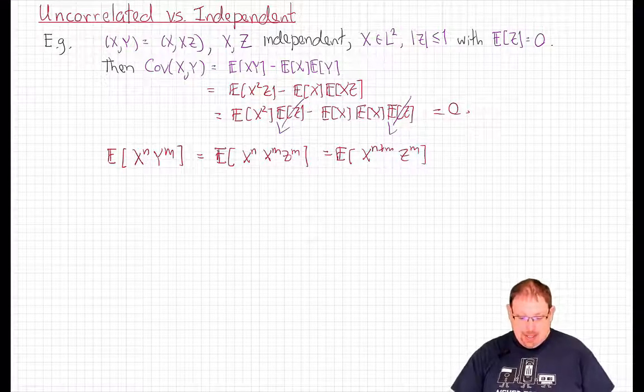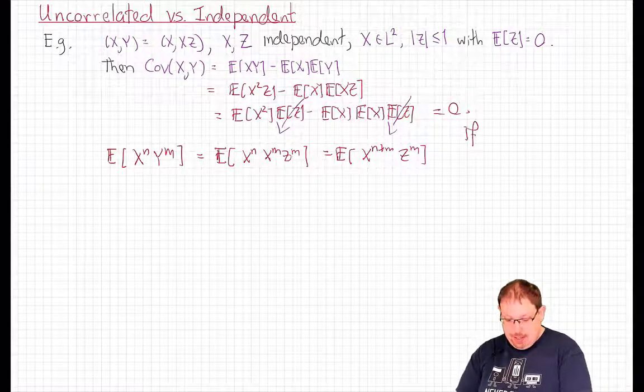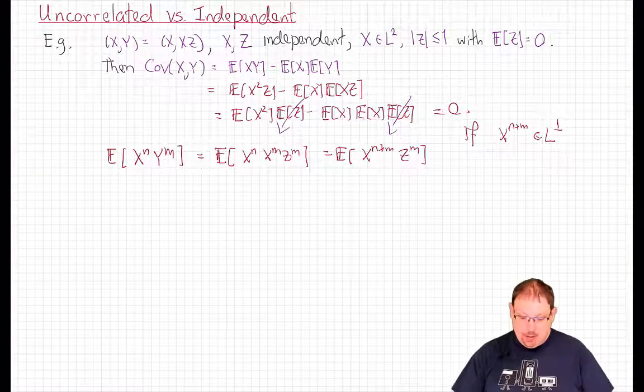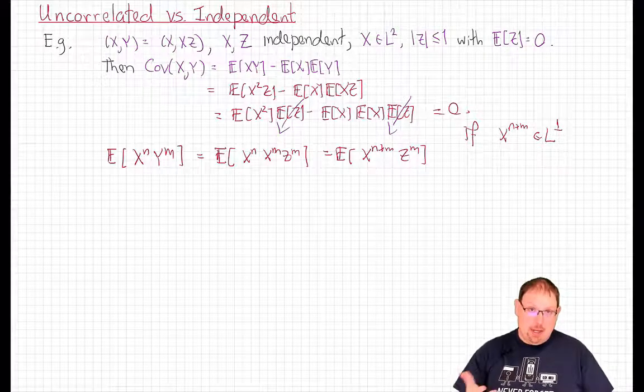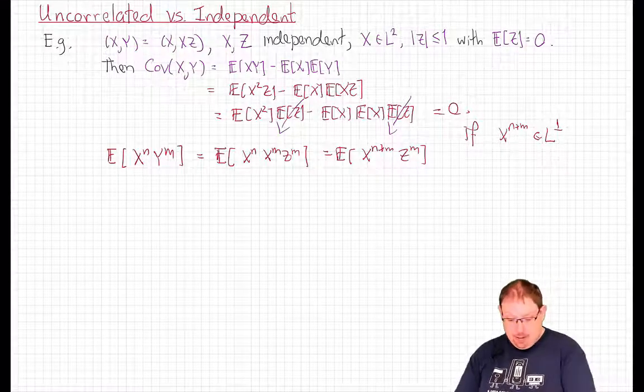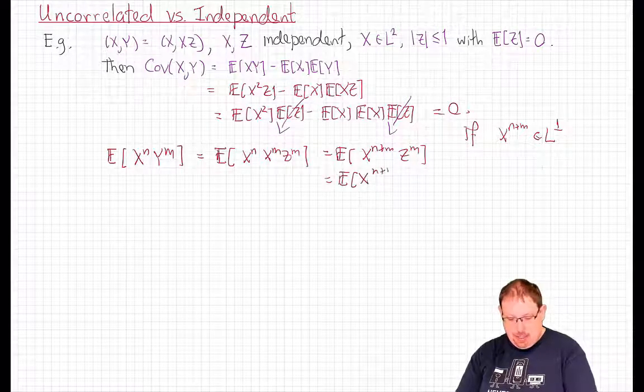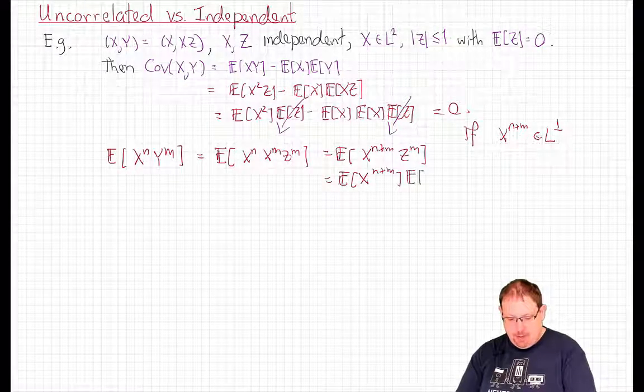And now, if x to the n plus m happens to be in L1, and z to the m is in L1 because it's bounded, then we know that this will factor as the expected value of x to the n plus m times the expected value of z to the m.